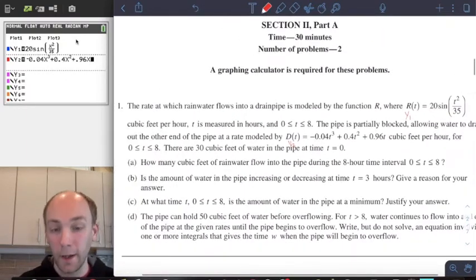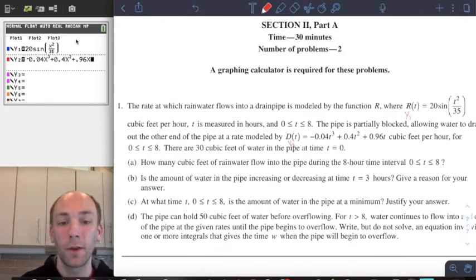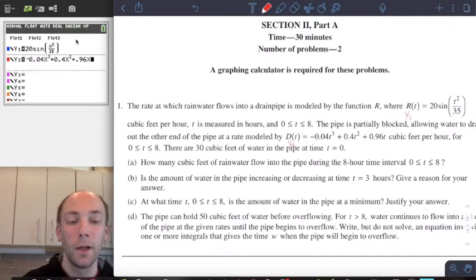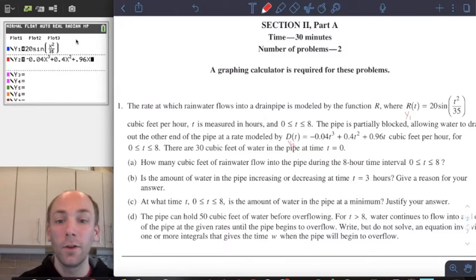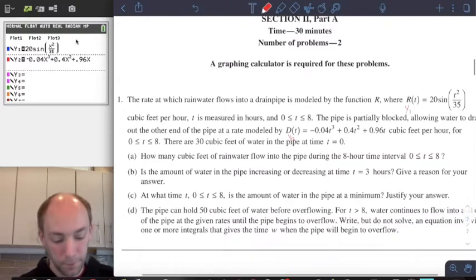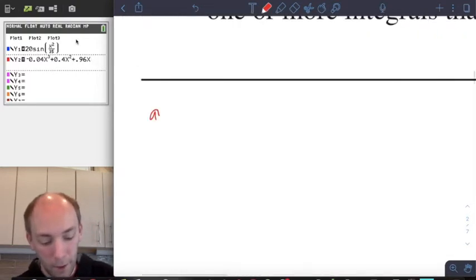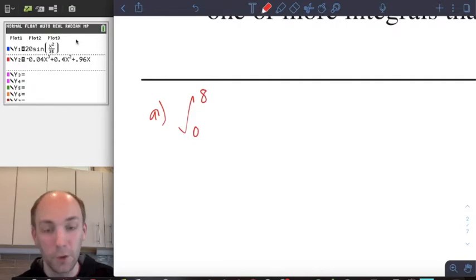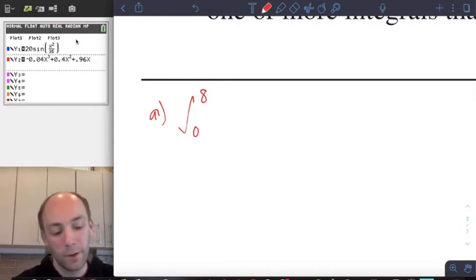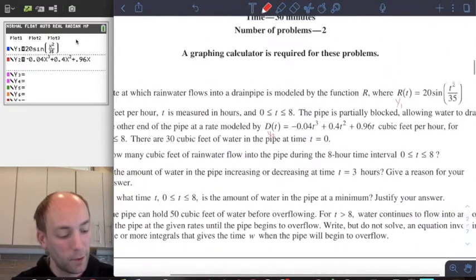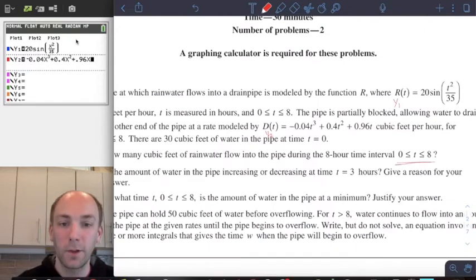Okay, so for part A, how many cubic feet of rainwater flow into the pipe during the 8-hour time interval t between 0 and 8? Whenever you are looking at accumulation like this, we are going to need to use an integral. So for part A, we're going to use an integral from 0 to 8. The reason it's from 0 to 8 is because that's the interval given.